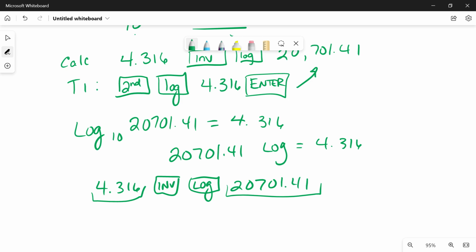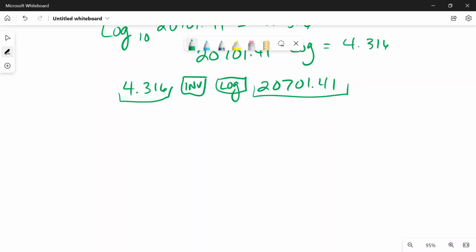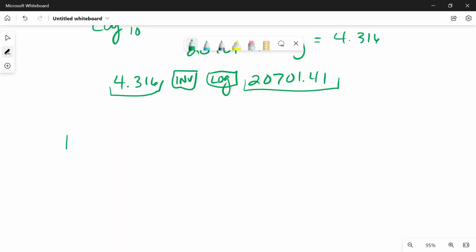All right, let's look at some other ideas here. Let's find base e and the antilog of 5.